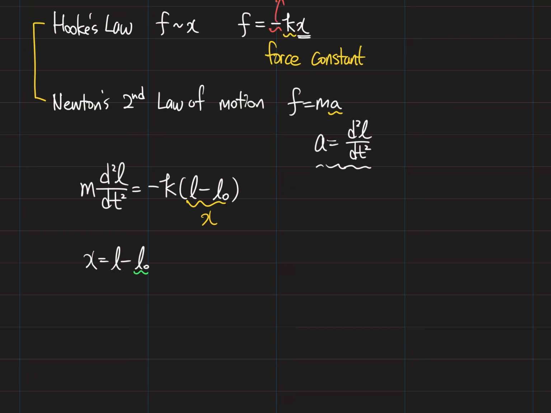So if we take the derivative and second derivative of the position x, that means this equilibrium length part should be gone.